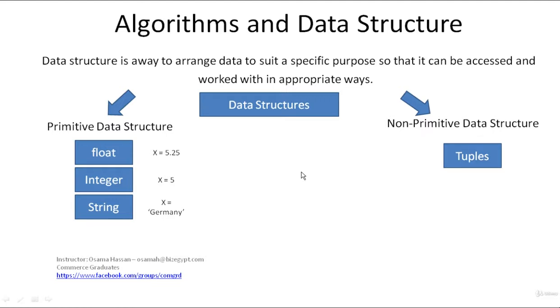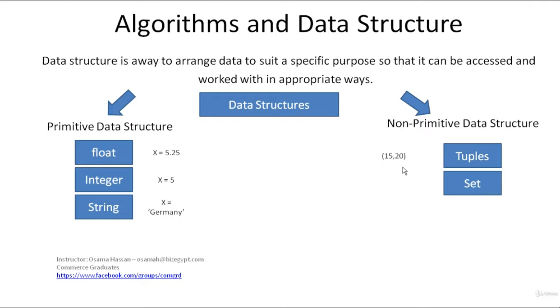So we have tuples in Python, and it makes no exception. It's a list of data elements separated by commas, and its syntax in Python should be written between two rounded brackets like that, and its elements can be string or float or integer.